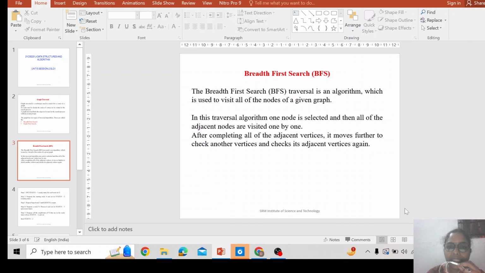After completing the adjacent vertices, it will move further to the second vertex. From the second vertex, we use the same strategy of visiting all the adjacent nodes of the selected one. Then, completing that, we move on to the third vertex. The process continues until we visit all vertices.